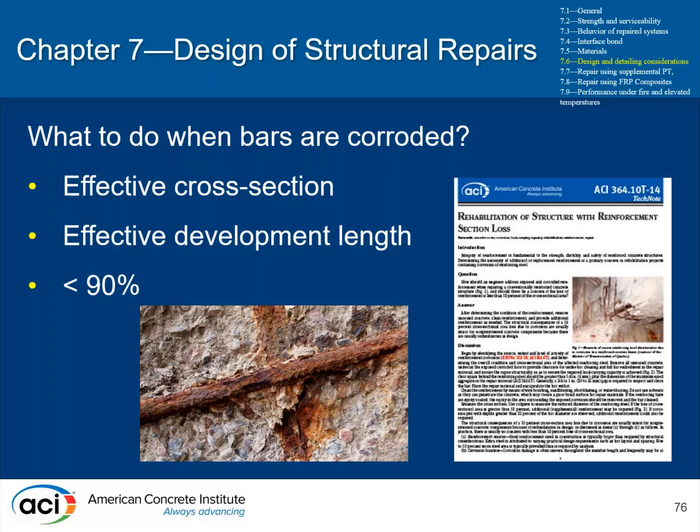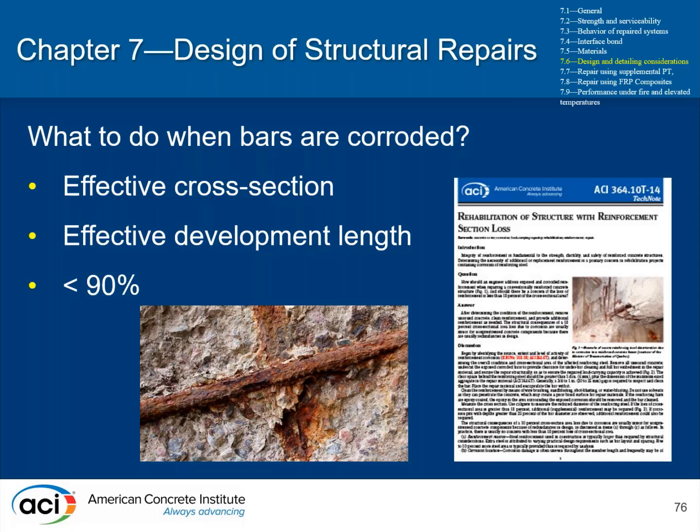So ACI 364.10T, which is a tech note, provides some information with respect to what to do when bars are corroded, in evaluating the cross section and helping to determine what the effective development length is. If the bars have lost their ribs, then effectively they need to be treated as smooth bars.